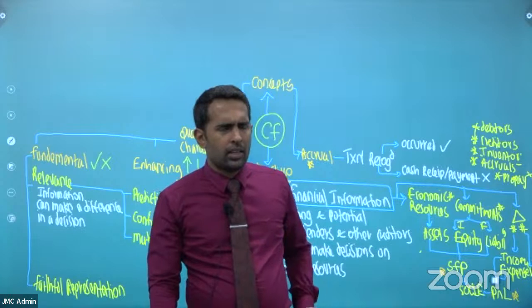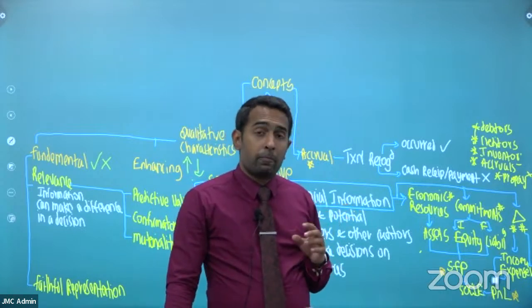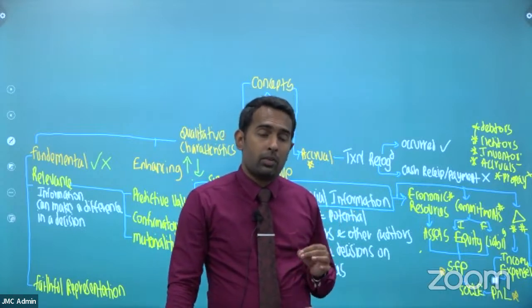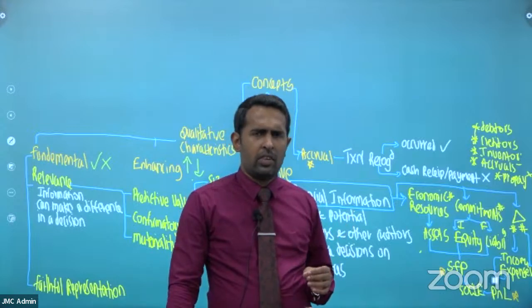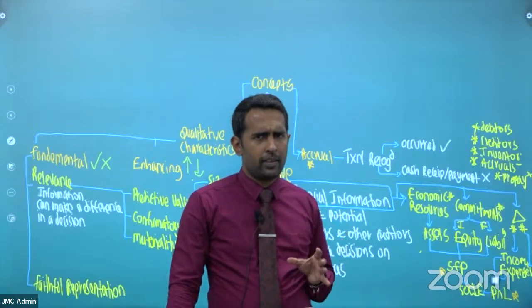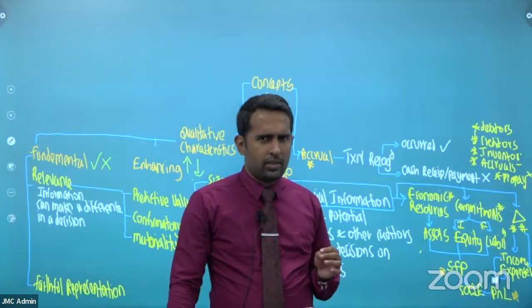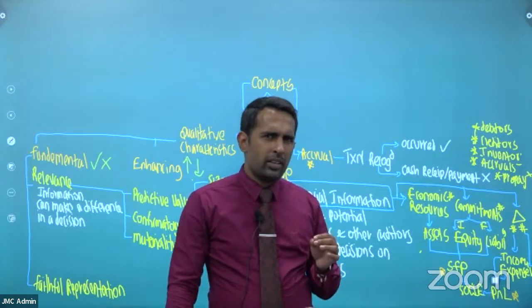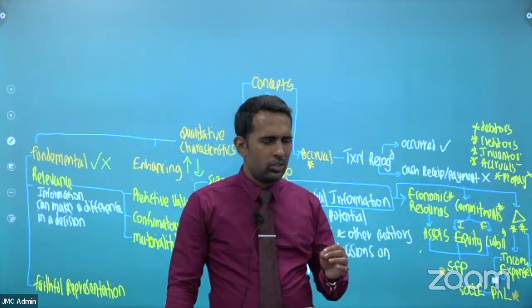For an example, let's say a company has an inventory worth 500 million. There's a fraud that occurred by the store junior executive.